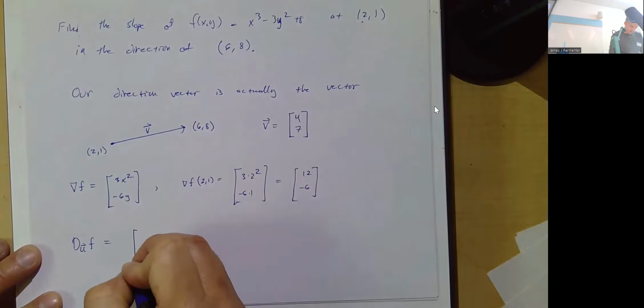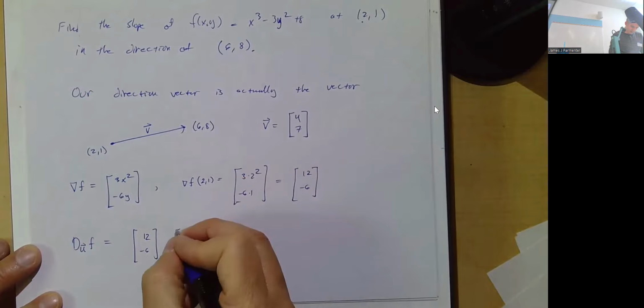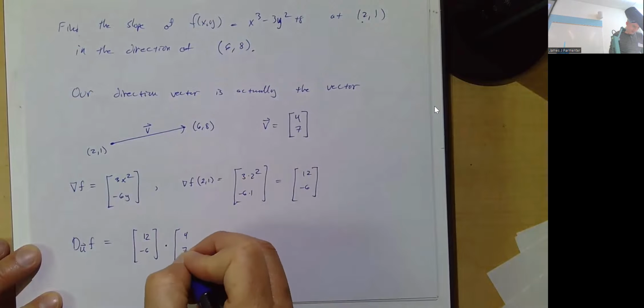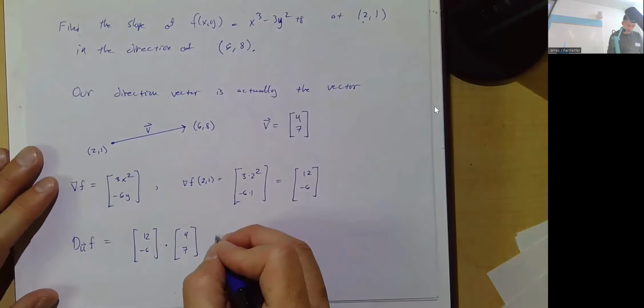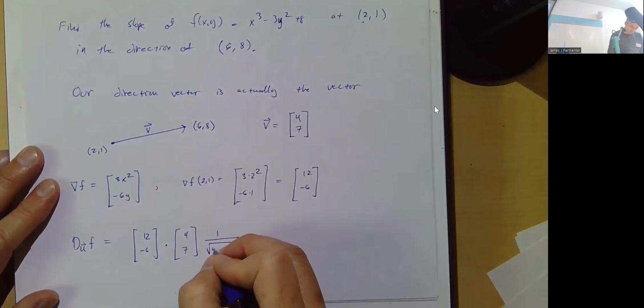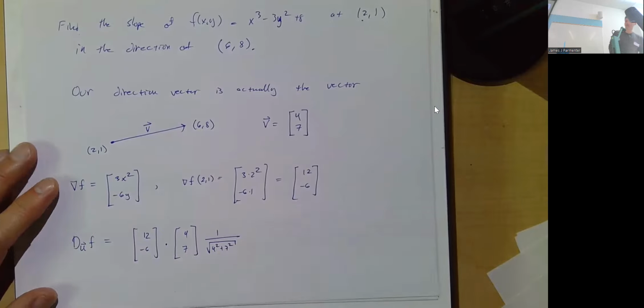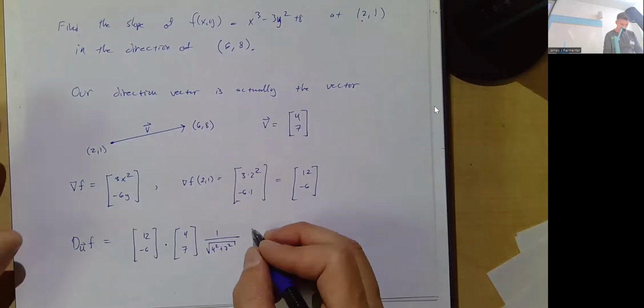So my gradient dotted with my direction vector, but then I know I have to divide by the magnitude or length of my direction vector. I usually like to write this as 1 over the square root of 4 squared plus 7 squared. And again, I think it's really in your interest to write that outside. You don't need to put that inside the vector. So let's see.